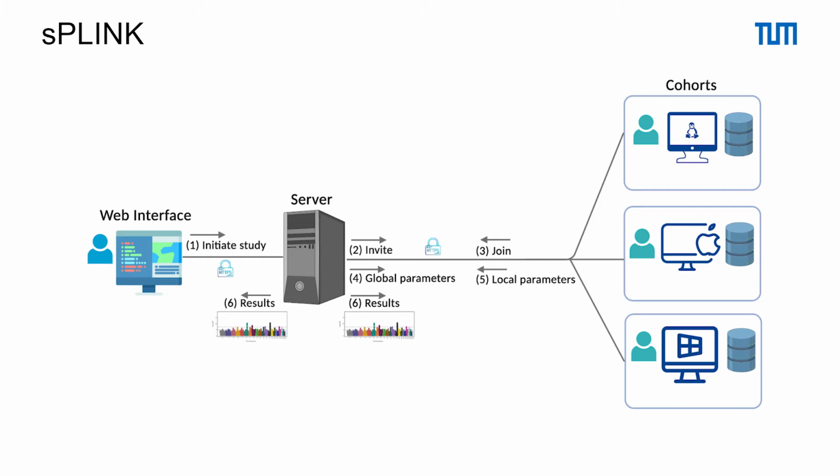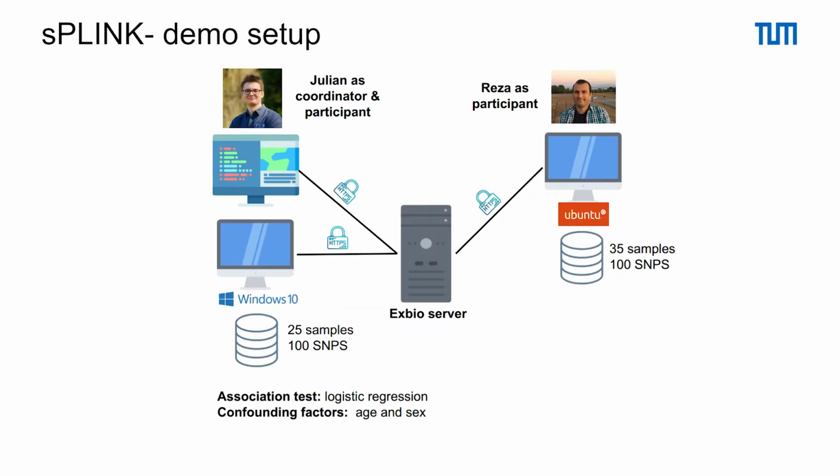In sPLINK, all data traffic is sent through a secure channel using the HTTPS protocol, and the cohorts can use Linux distributions, Microsoft Windows, or macOS to run the client application. For demo purposes, I, Julian, will be the coordinator and a participant running the sPLINK client on Microsoft Windows.